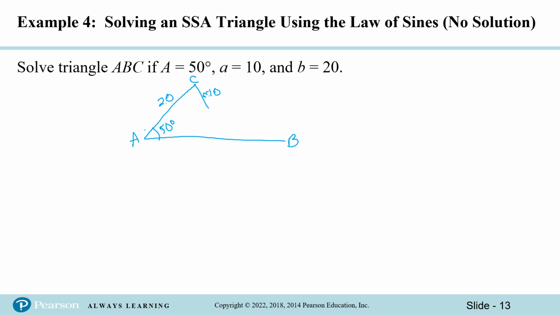We know that side A is 10, and the sine of this angle. And what we're going to do is set that equal to 20 over the sine of B. All right.